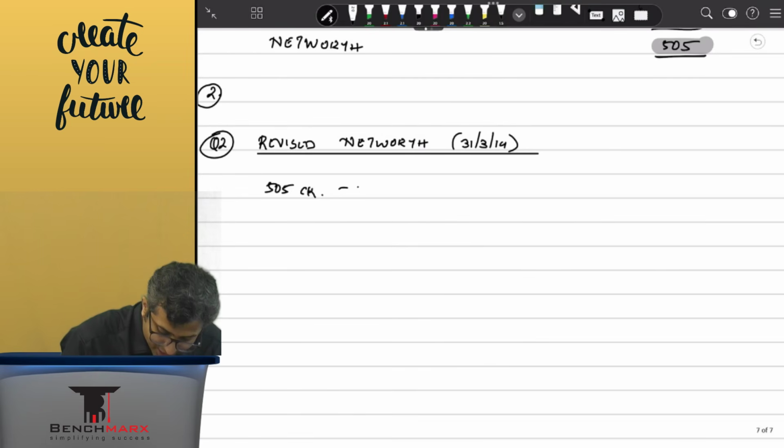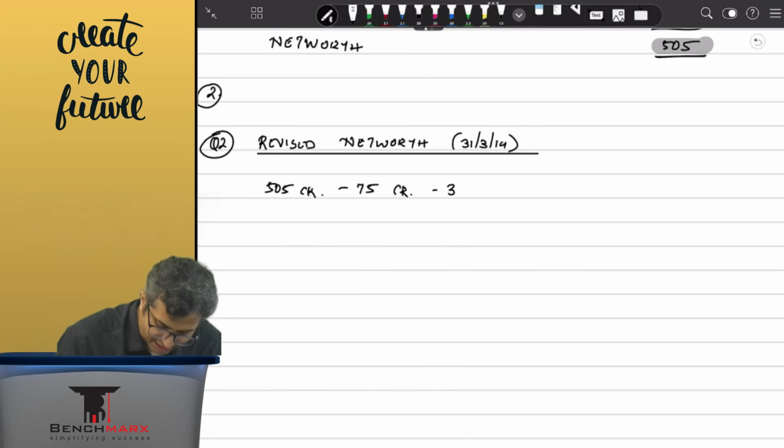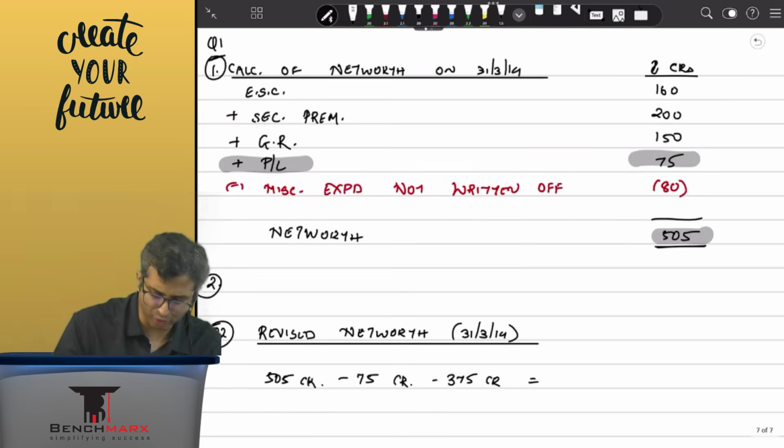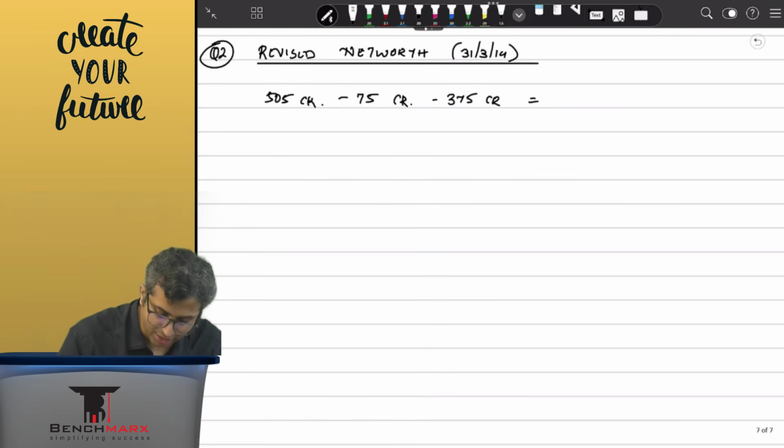That will not be there. So minus 75, remove the P&L. Instead, there's a 375, negative or positive? To add or less? Less 375. If you're not getting clarity, you put negative 375 instead of 75 over here, you will get the same answer. So this is how much? 55 crores.